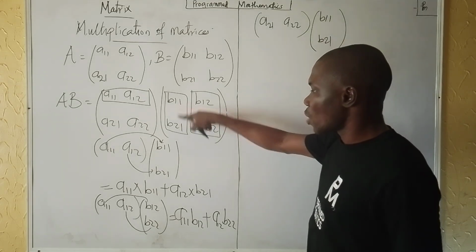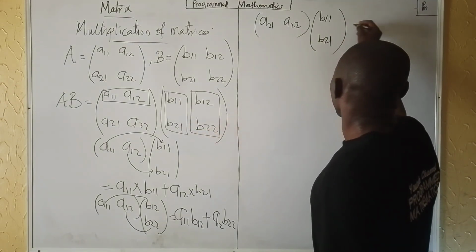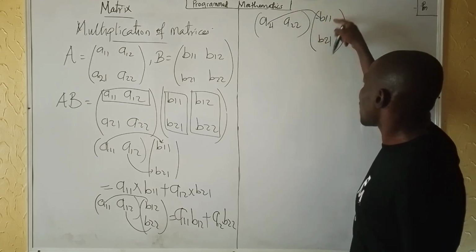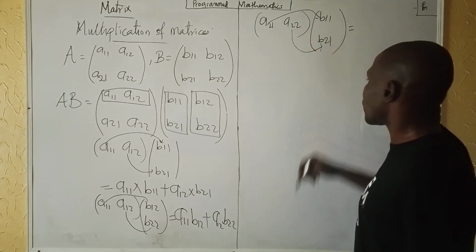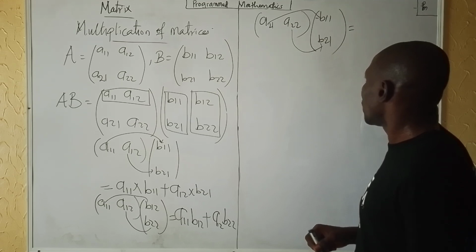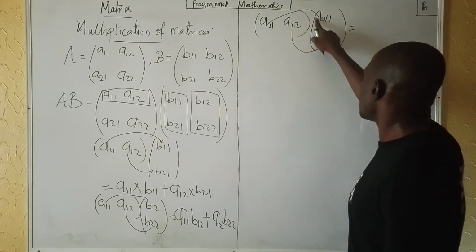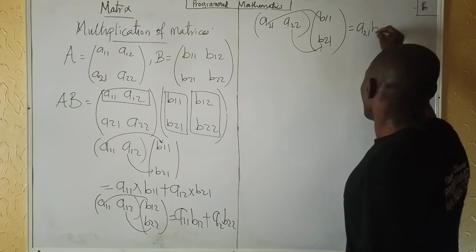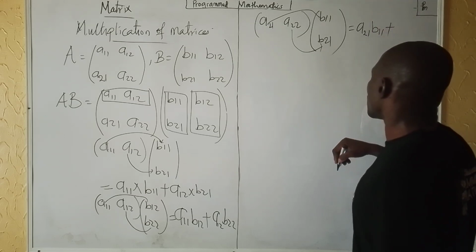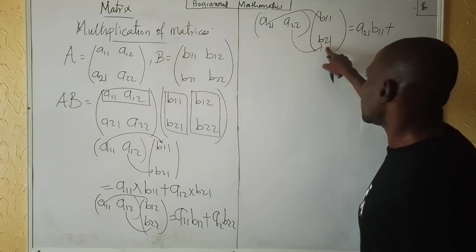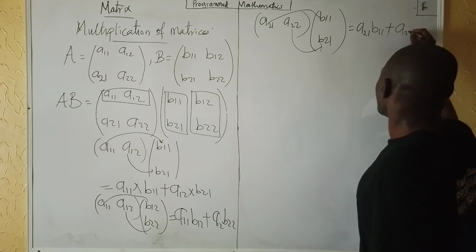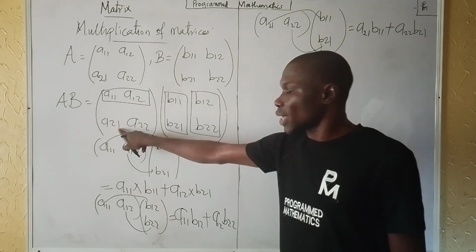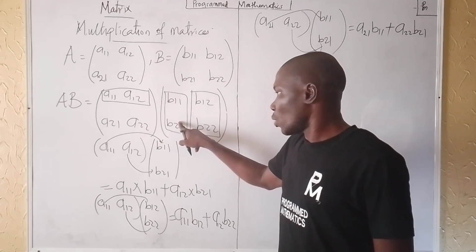If you multiply this, A21 will multiply B11, A22 will multiply B21. So A21 B11 is added to A22 B21. So that is for the second row, first column.